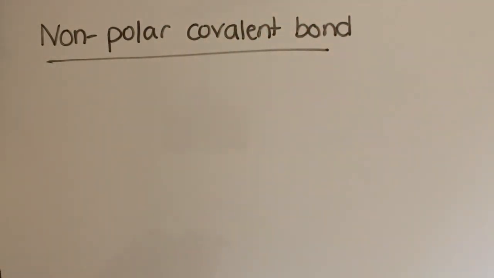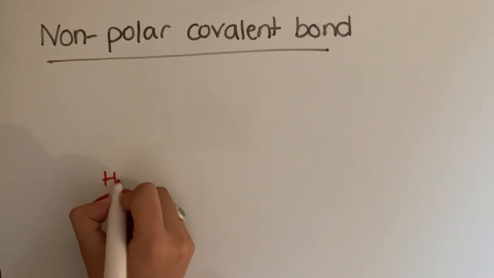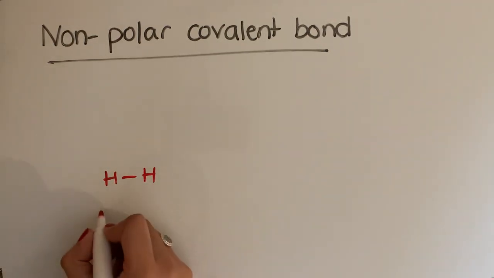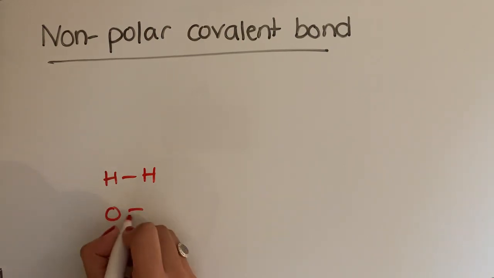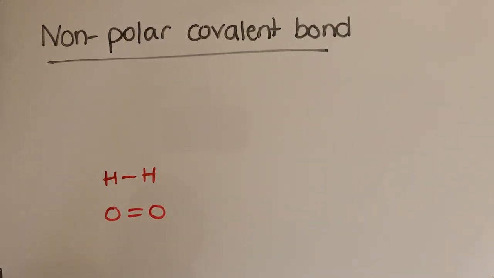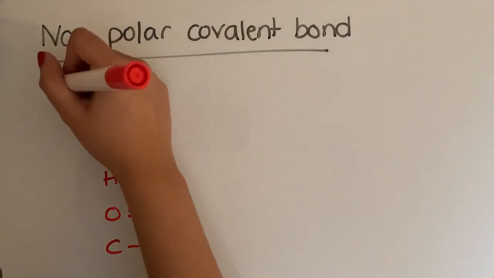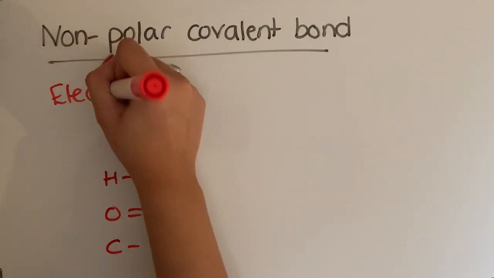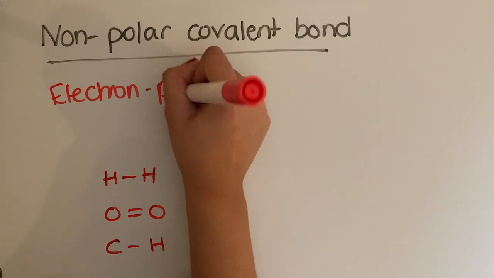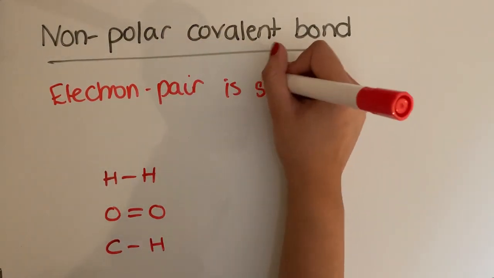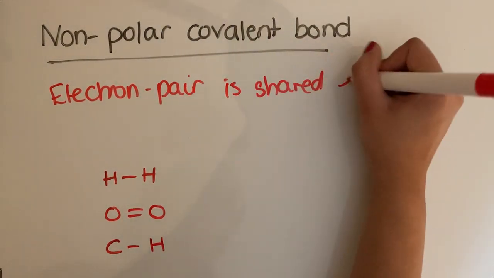An example of that is where we have hydrogen, so an H2 molecule, or if we have O2. Another example of it is actually where we have a CH bond. I'll explain in a second why. A non-polar covalent bond is where the electron pair is shared equally between the bonding atoms.